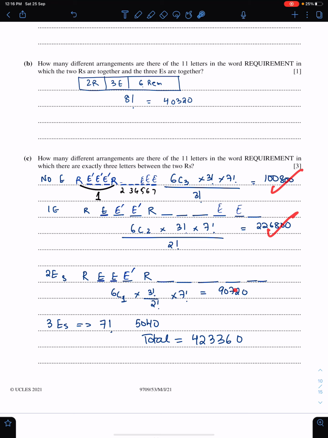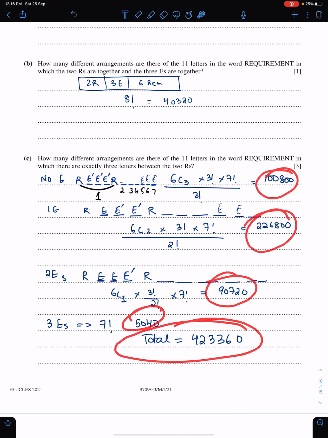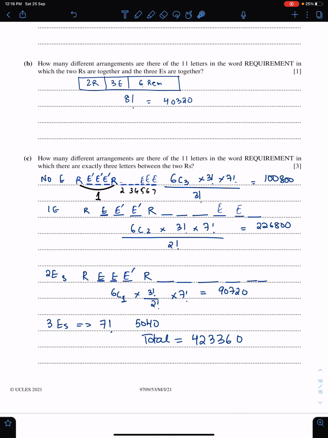We just need to add all of these 4 ways to get the final answer. So first you have to make arrangements with no E's between the R's, then 1 E between these 2 R's, then 2 E's between these 2 R's, and then 3 E's between these 2 R's.